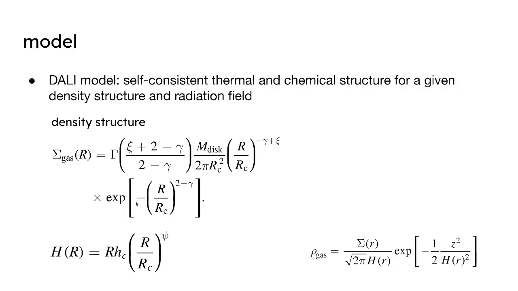So for surface density they use the same prescription that I showed you before, only that the normalizing term is expanded. Here you see the M disk sitting as I mentioned before. And one difference from the formula that I showed is that they also add this Xi in the exponent. This is basically to account for wind-driven evolution.